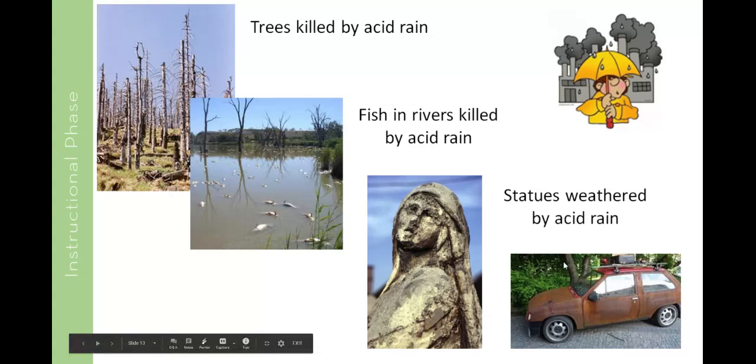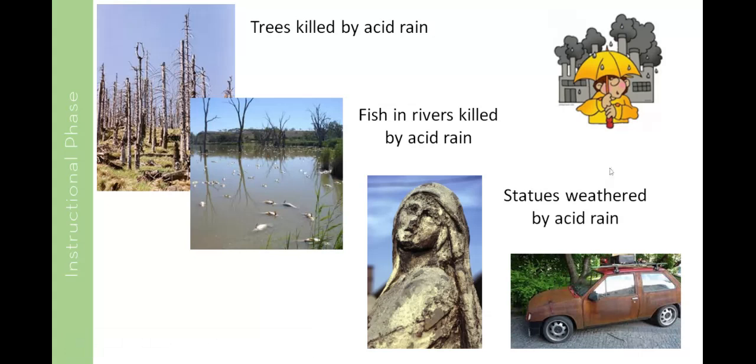Just like we can see with this metal here, it's rusted, but it's also corroded because of the acid rain. So over a long period of time, trees can become damaged. Aquatic ecosystems, for example, fish, become damaged or killed. Statues and metals can also become corroded.